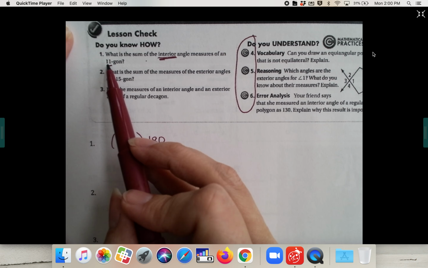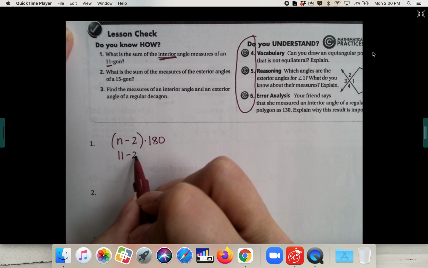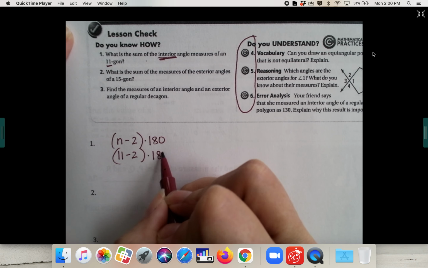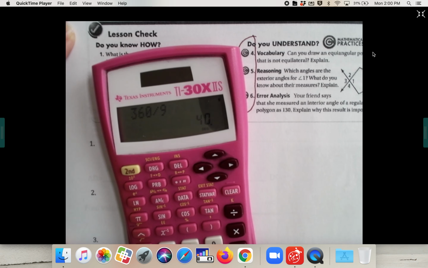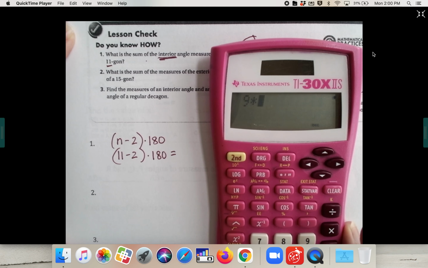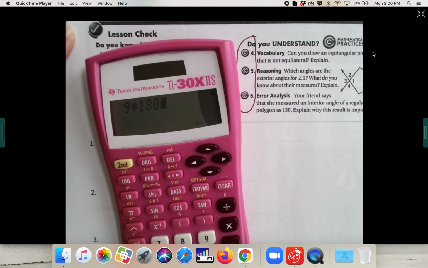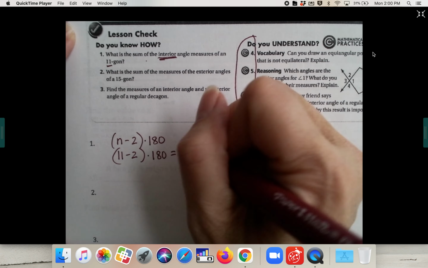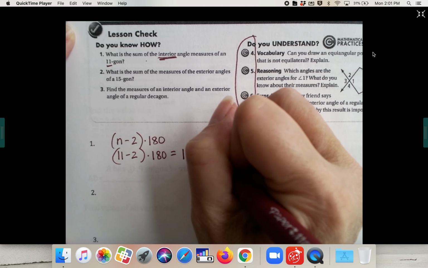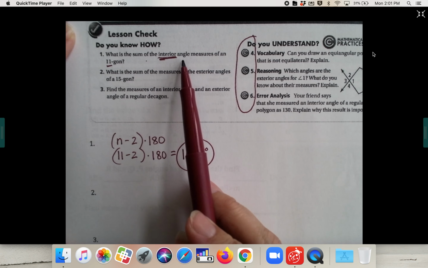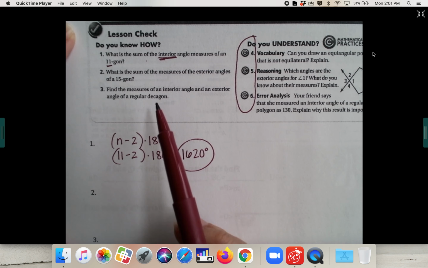So if it is an 11-gon, it's 11 minus 2, which is 9, times 180. 9 times 180 is 1620 degrees. Okay, that's the sum of all the angle measures.